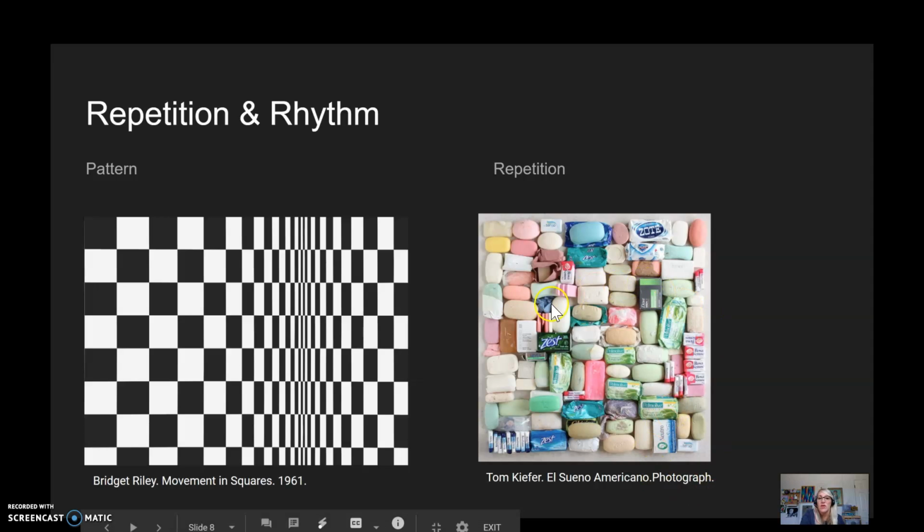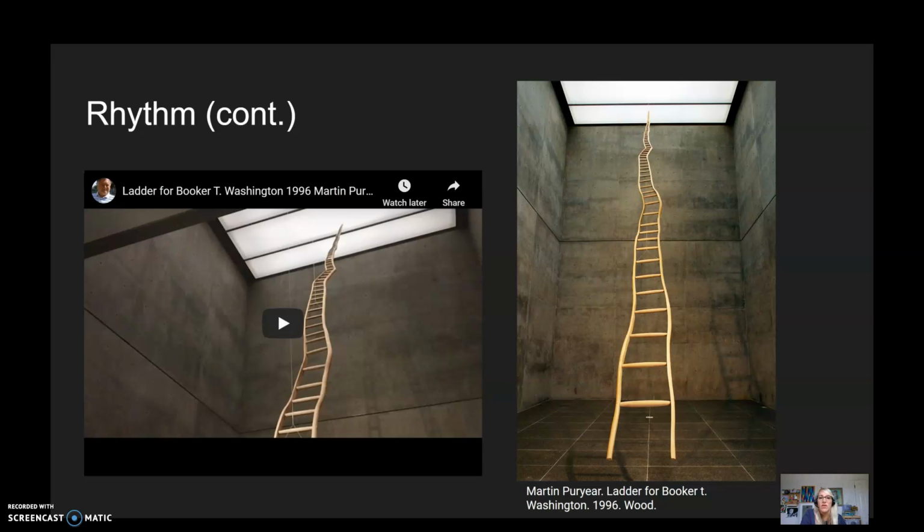If you haven't ever heard of this photographer, Tom Keither, he photographs objects that are taken from immigrants when they cross the border. So that's very interesting and thought-provoking work.